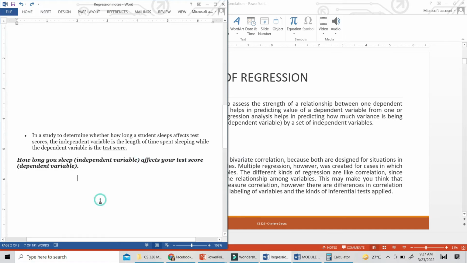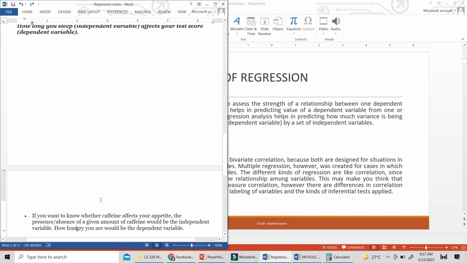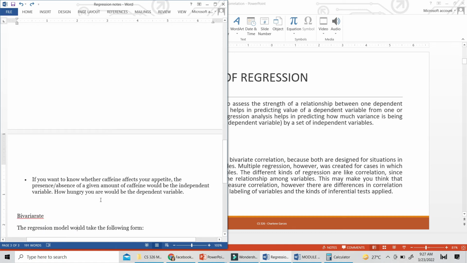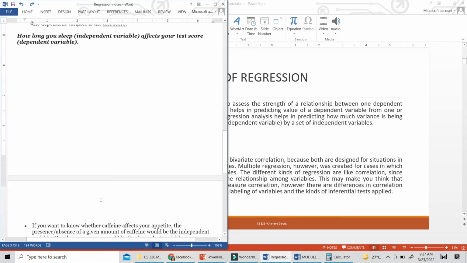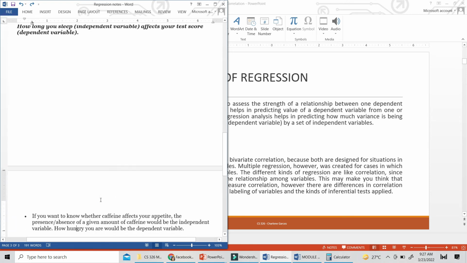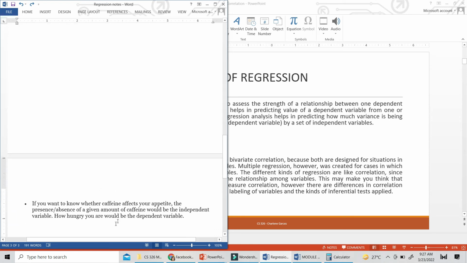Okay? Another example about the relationship between independent and dependent variable: if you want to know whether the caffeine affects your appetite, the presence or the absence of a given amount would be the independent variable. How hungry you are would be the dependent variable.